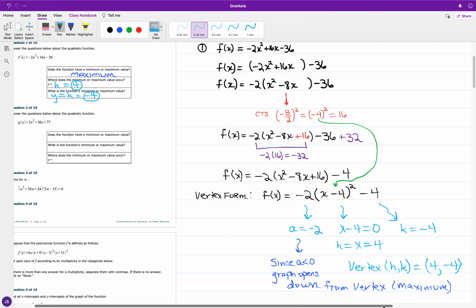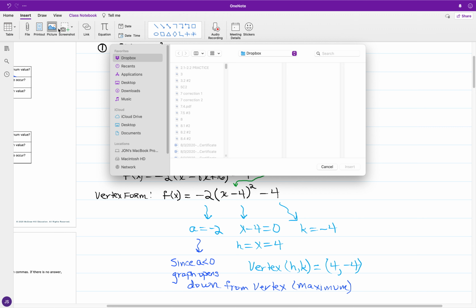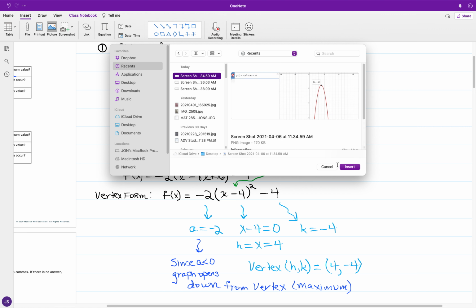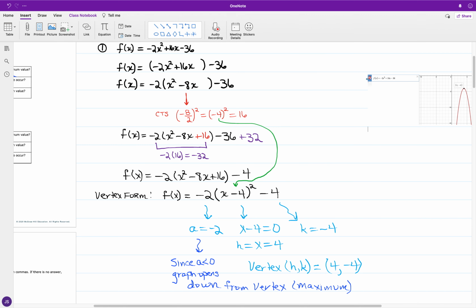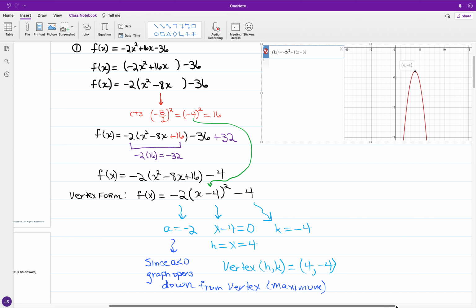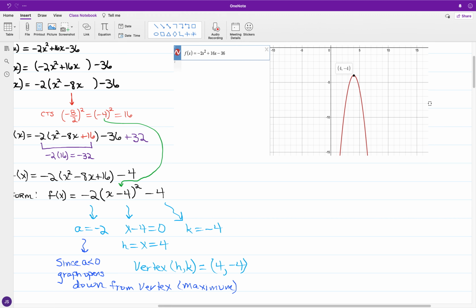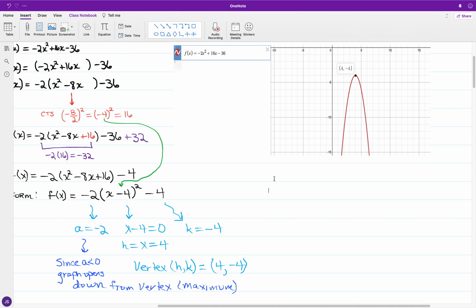And just to provide a bit of a visual, if you notice, we have the graph of this particular function, f of x is equal to -2x squared plus 16x minus 36.